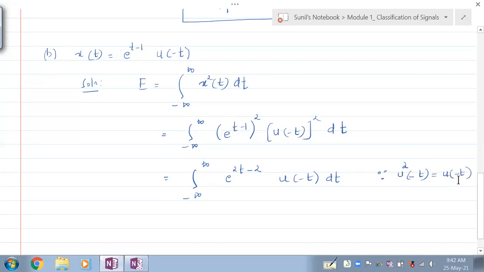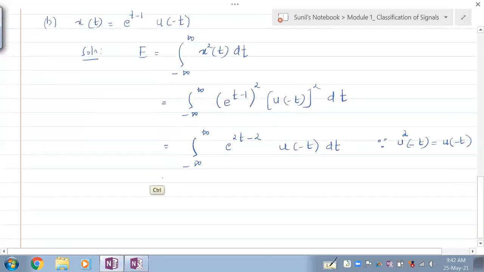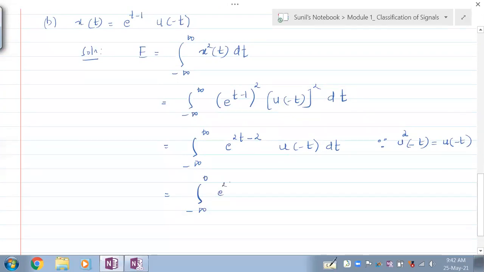This is the reason. Then further this integration limits would change from minus infinity to 0 e power 2t minus 2 dt. Why? Since u of minus t is 1 for t equal to minus infinity to 0.